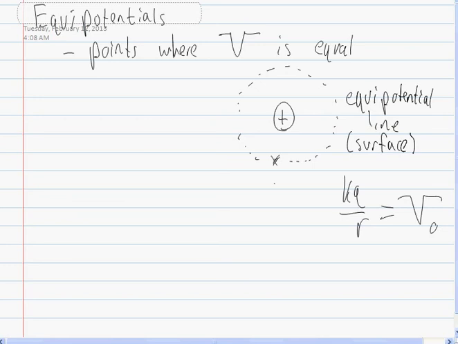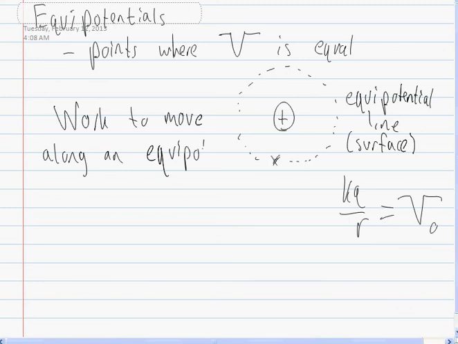That means that the work to move along an equipotential line or surface is 0. It's not going to do anything. I guess it's not really the empty set, but still, it's 0.